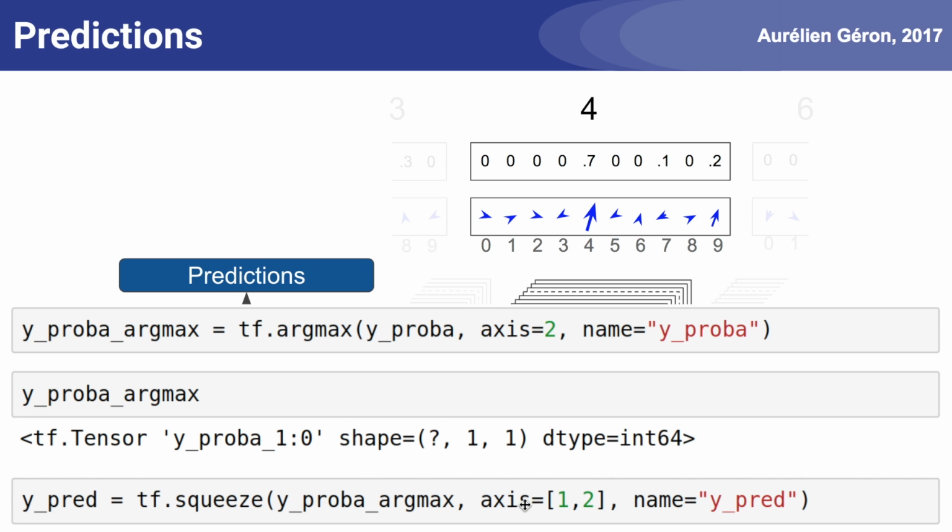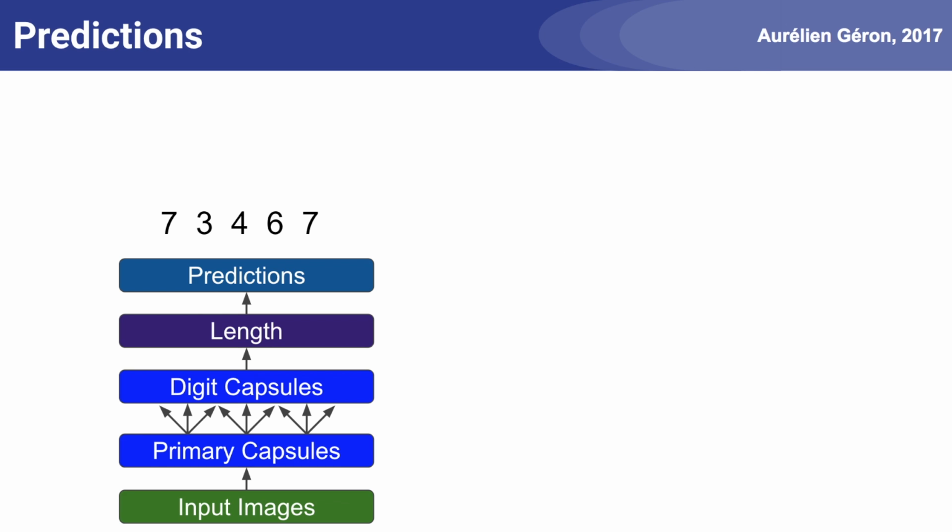If we called squeeze without specifying the axes to remove, it would remove all dimensions of size 1. This would generally be okay, except if the batch size was equal to 1, in which case we would be left with a scalar value rather than an array, and we don't want that. So it's better to specify the axes.